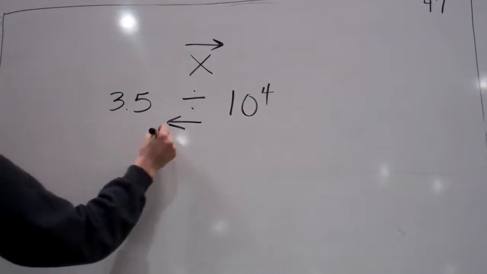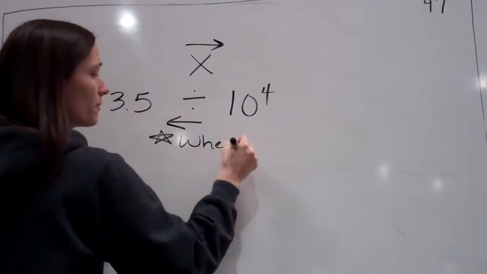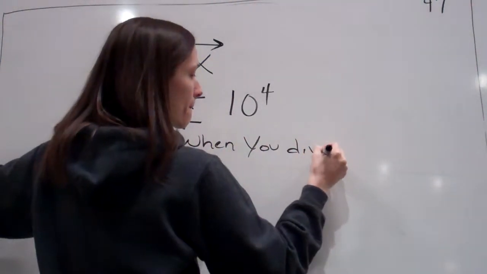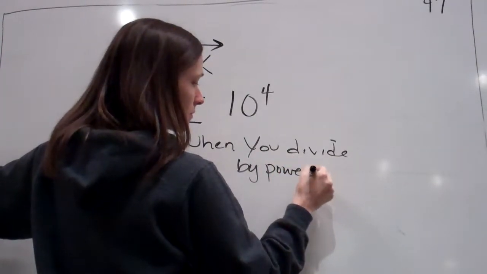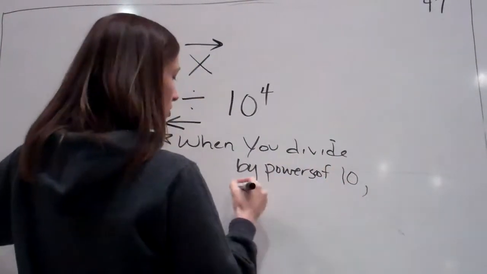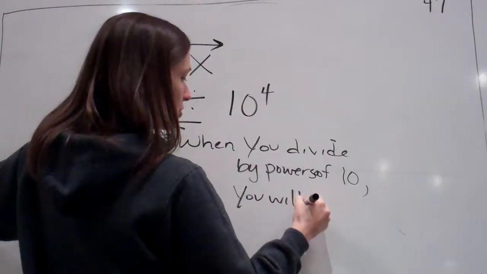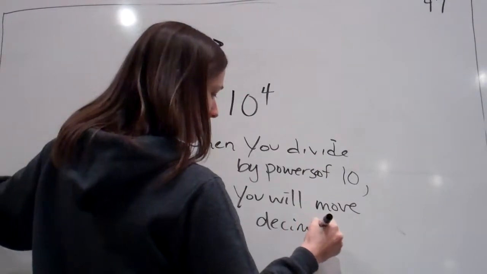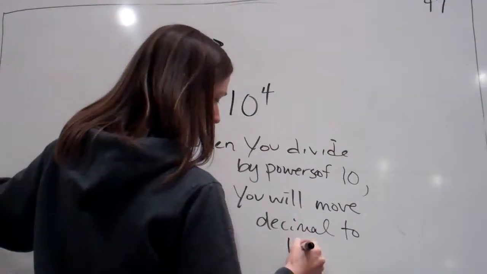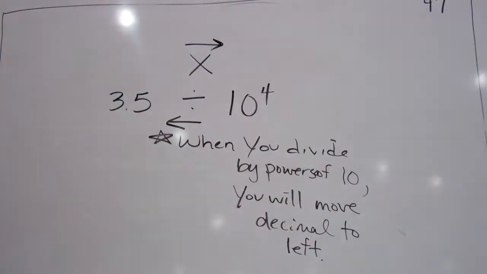Okay, write that down. When you divide by powers of 10, you will move the decimal place to the left. Okay? So on this one, what would happen?